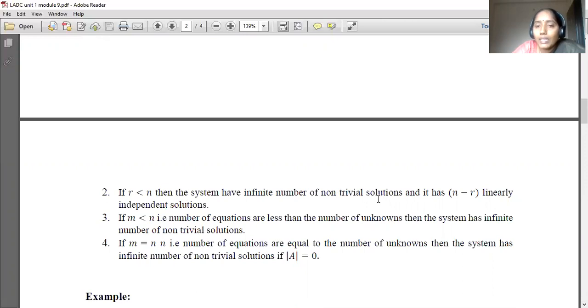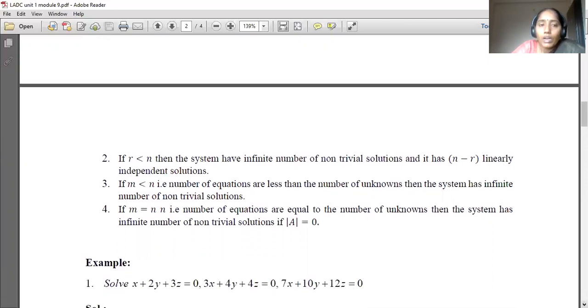If r is less than n, then the system has non-trivial solutions, and it has n minus r linearly independent solutions. Now look at the relation between the number of equations and the number of unknowns.